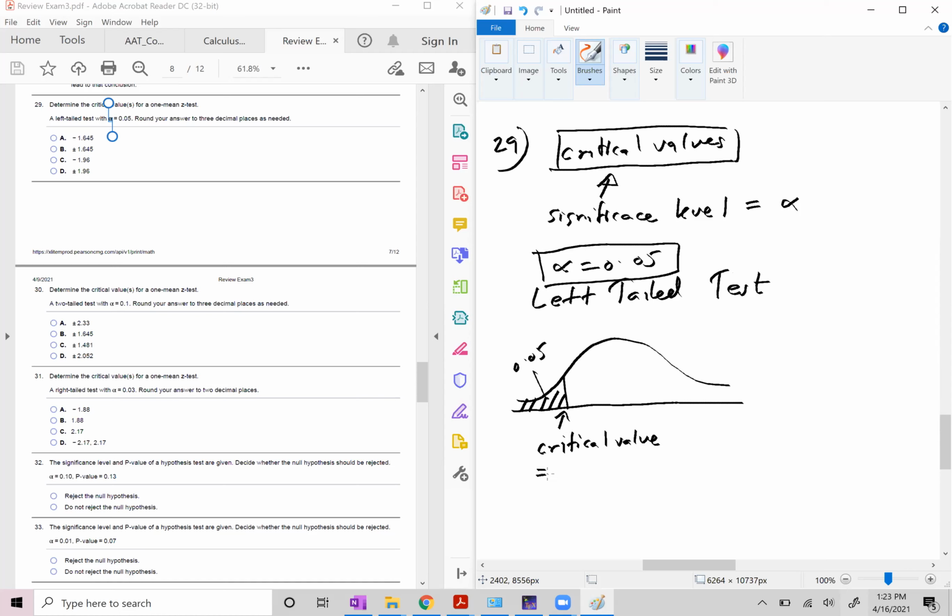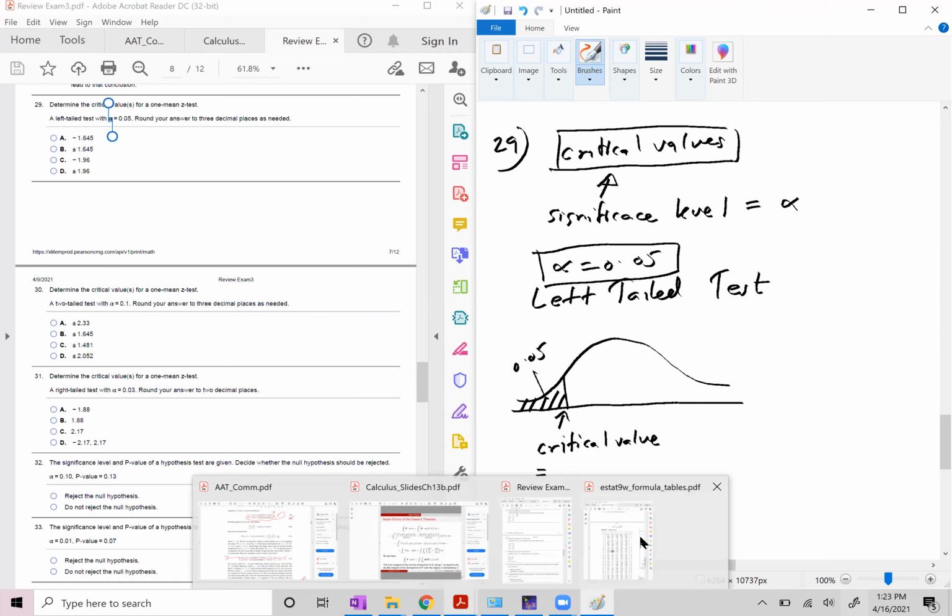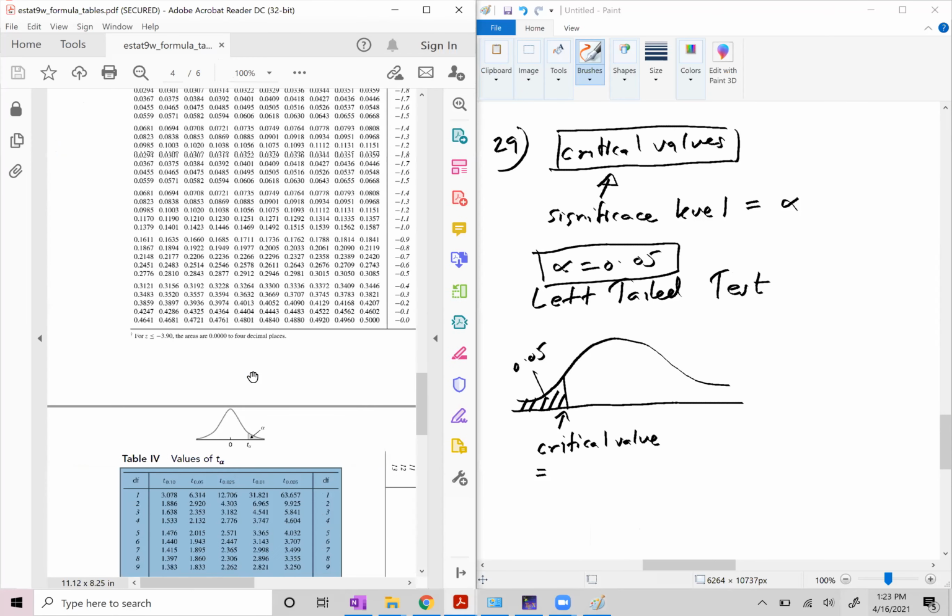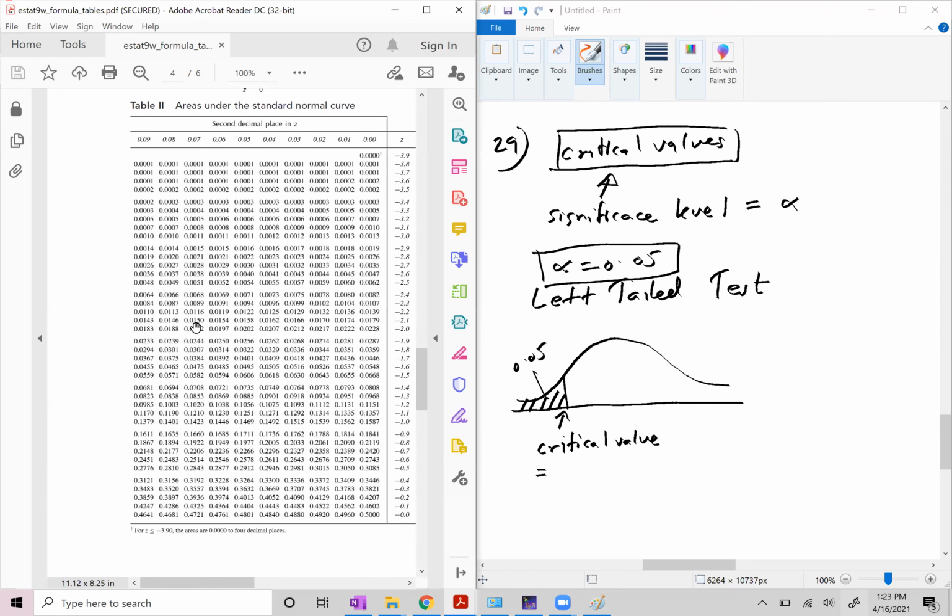Now how do you find it? Use the z table. You look for 0.05. I'm not going to re-explain this again because I explained it last day.